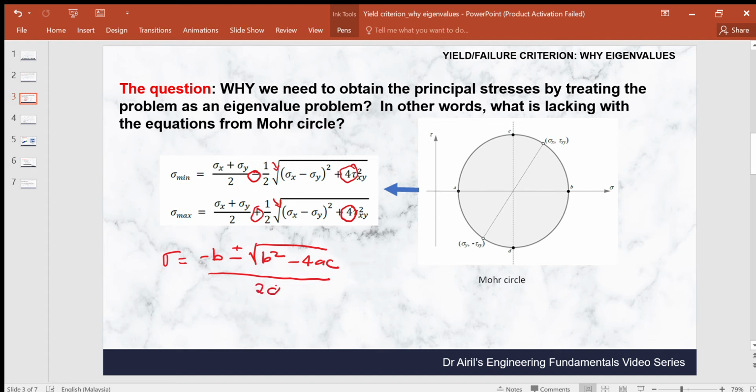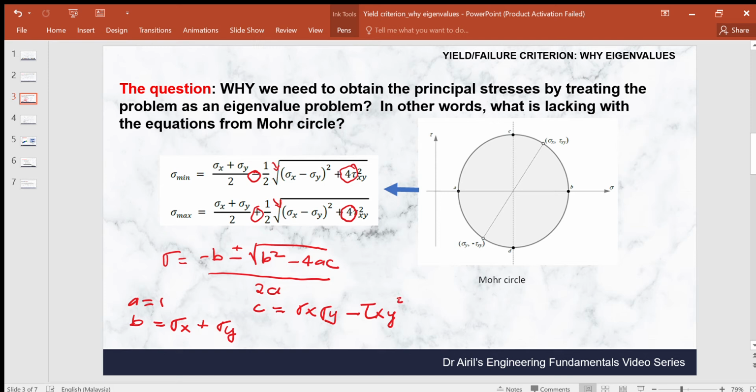In fact, we can see the similarity between the general expression of quadratic roots and the general expression for the principal stresses if we take A equals 1, B equals sigma x plus sigma y, and C equals sigma x sigma y minus tau xy squared.